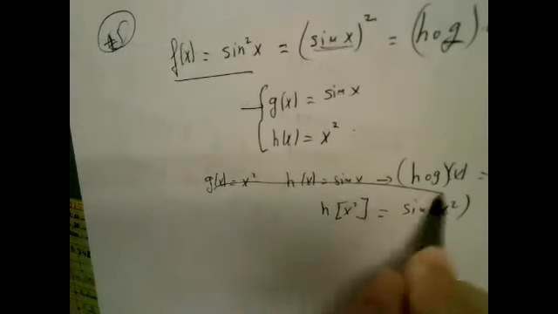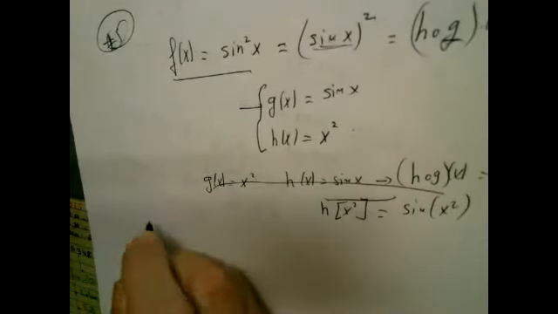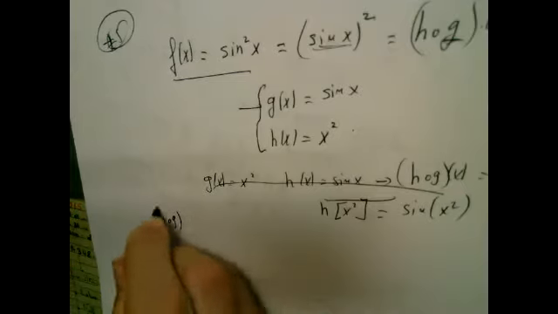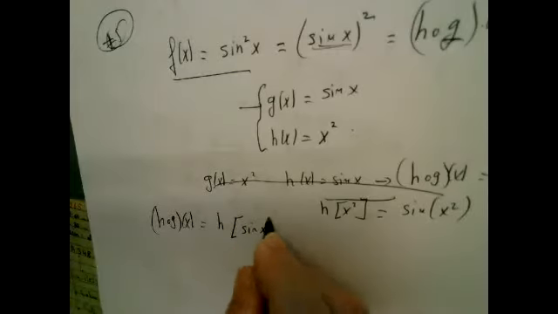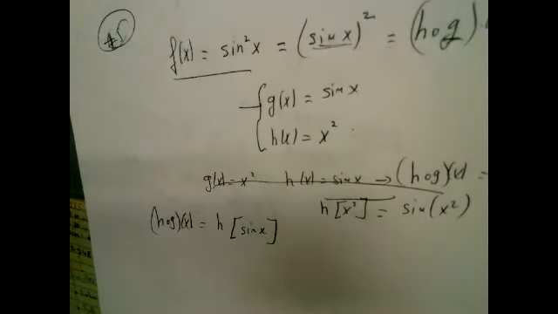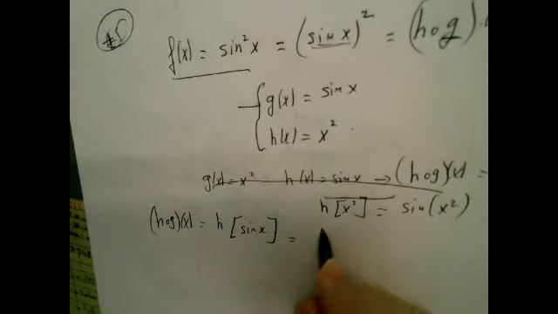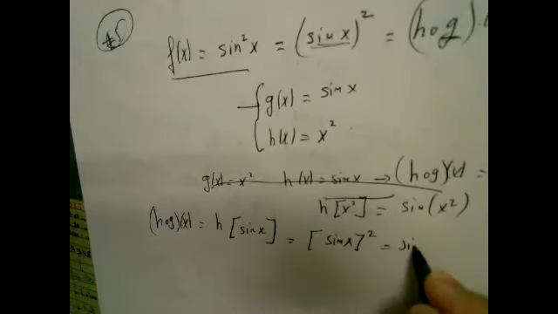Now let us check. Let me compute h composed with g. It's h of g of x. What does h do? It squares, which gives sine square x.